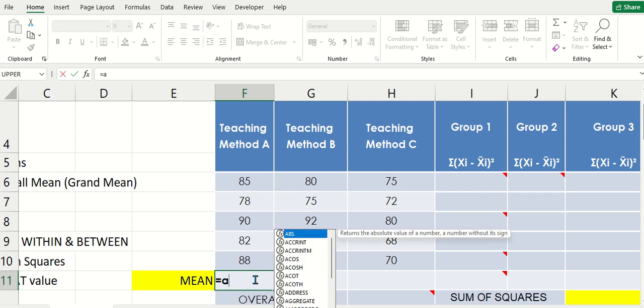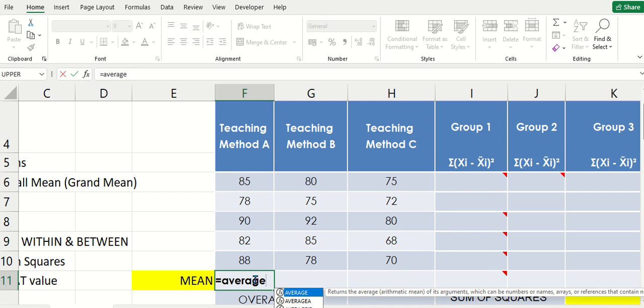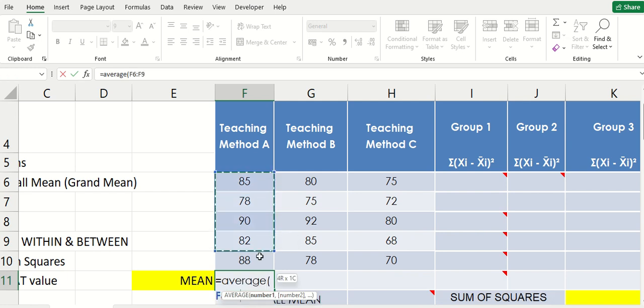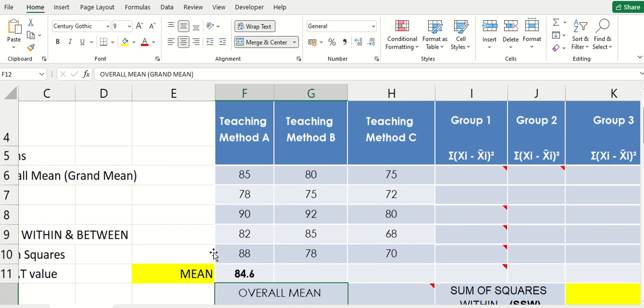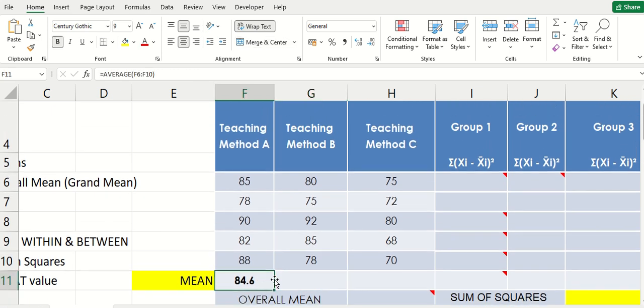Or you can just use the average function, then highlight, and you will have 84.6. Then the same goes with teaching B and teaching C. Again, when you do it manually, you add all of them and then divide by the total number of samples in a group.